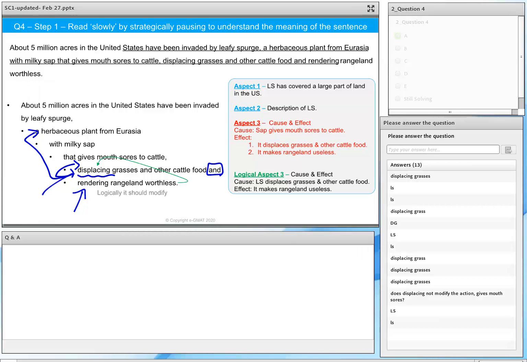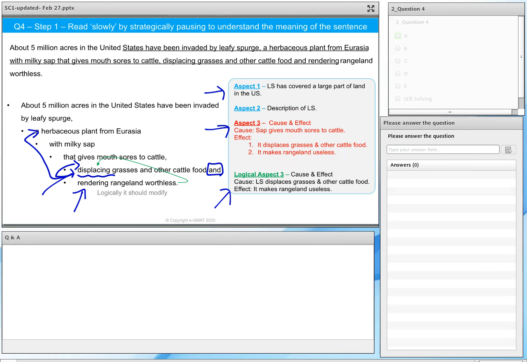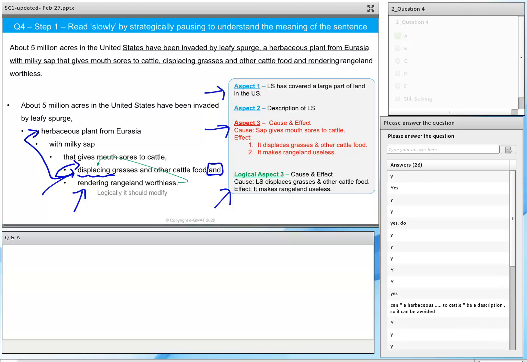And all this is already mentioned on the slide. Okay, before I move on to my grammar check and the answer choices, are you all with me in this logic? Do you all understand what's going on in here? And you all agree also, right? Yes, I will take that as yes. So displacing is not modifying the action "gives mouth sores." Yes, it is doing that. And that's why the meaning is illogical.